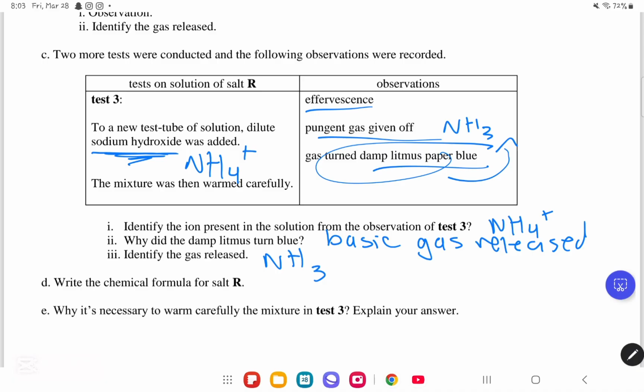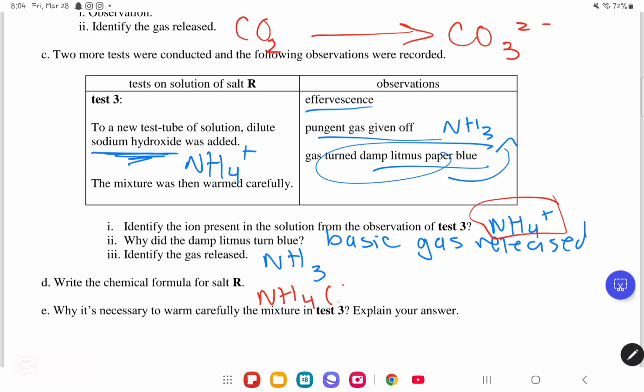Now, they told us, write the chemical formula for salt R. We found the gas to be CO2, and the ion that gives us CO2 is CO3 2-. Here we know that the ion is NH4+, so it's going to be NH4+ and CO3 2-, so it will be (NH4)2CO3.